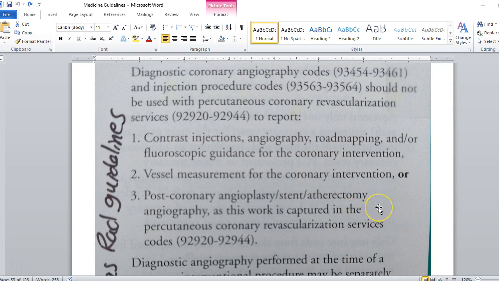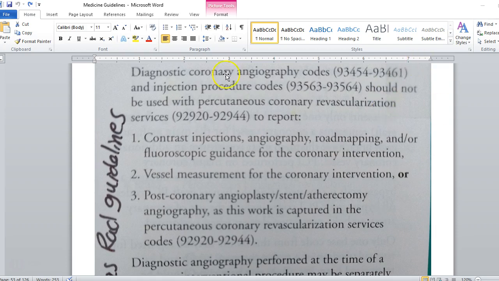So the biggest thing here is that the diagnostic coronary angiography codes 93454 to 93461 and the injection procedures 93563 to 93564 should not be used with the percutaneous coronary revascularization services 92920 and 92944. And again, it's because this is included in the 92920 to 92944. So again, what is included?